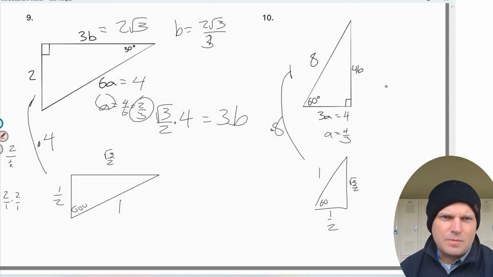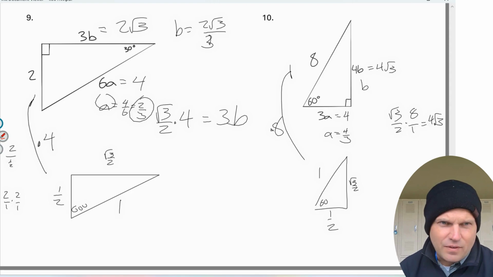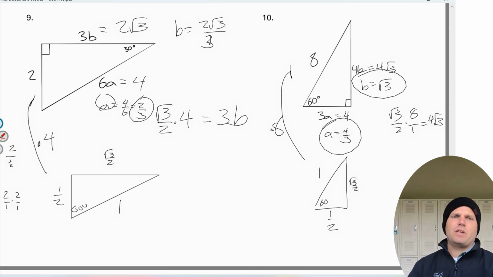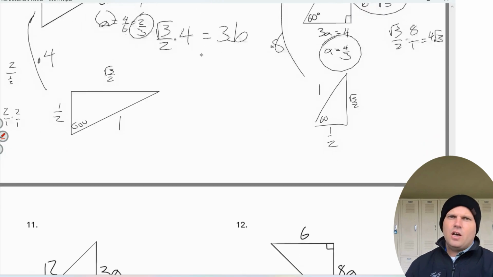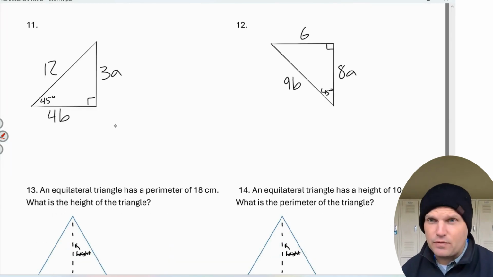Root 3 over 2 times 8 would be 4 root 3. 4 root 3 has to equal 4b. Divide by 4, you get b is root 3. Now, a lot of this, guys, is being able to deal with fractions, but hopefully you're capable of doing it.